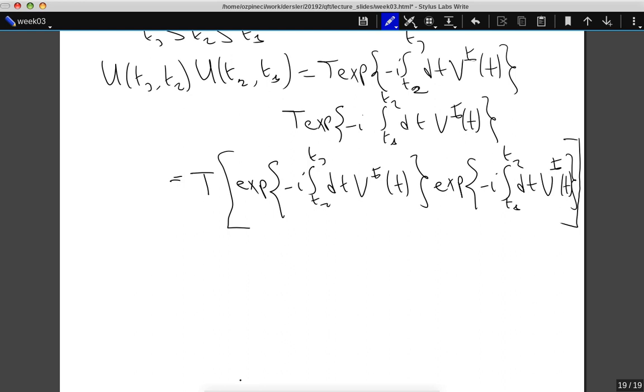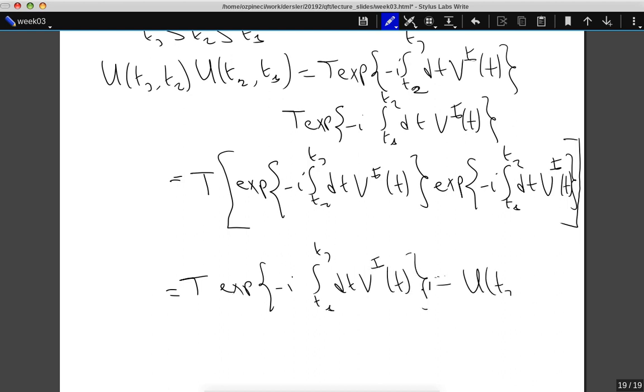So inside the time ordering operator, I can change the ordering of the operators because the actual ordering is done by the time ordering itself. So this is equal to the time ordered exponential of minus i from t1 to t3 V_I of t, which is U of t3, t1.